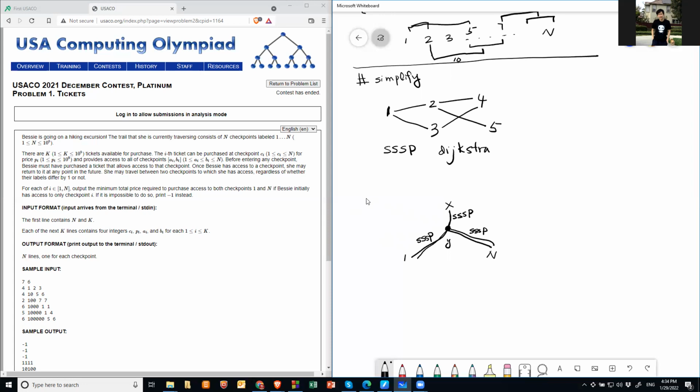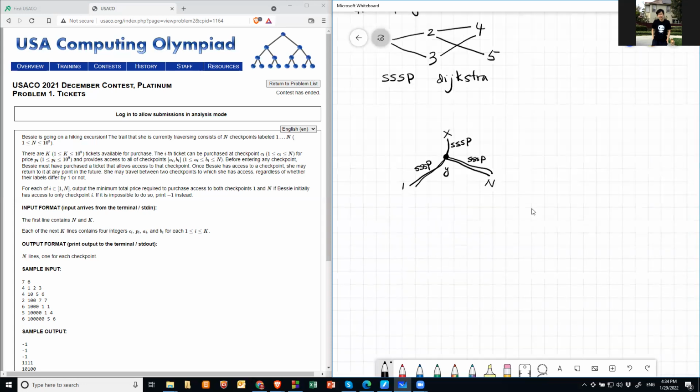I can do it stupidly: I can search for every point and compute this distance plus this distance plus this distance. But I can do something smarter than that. Let's say, again, we have 1, 2, 3, 4, 5.